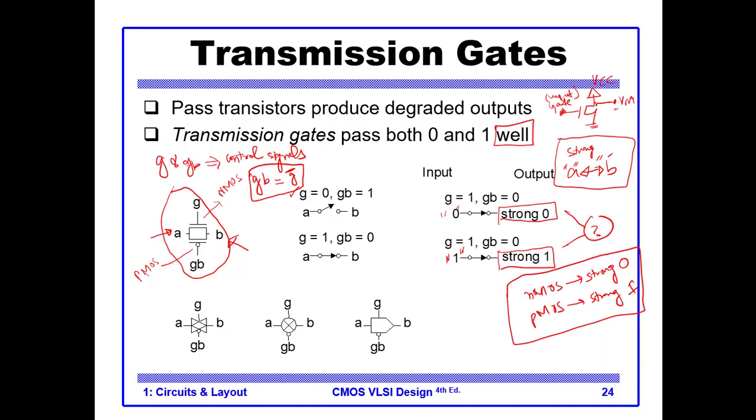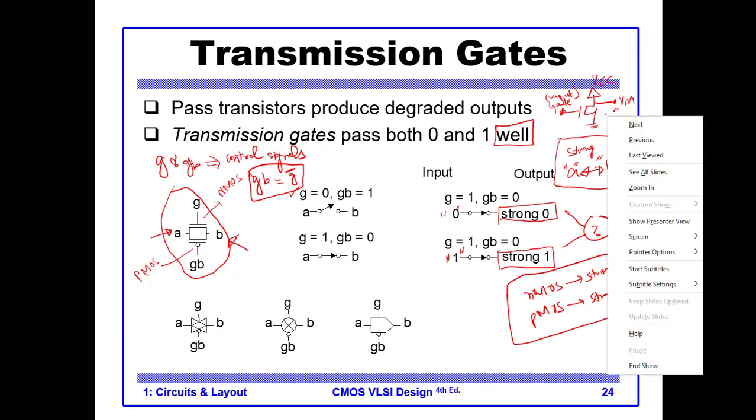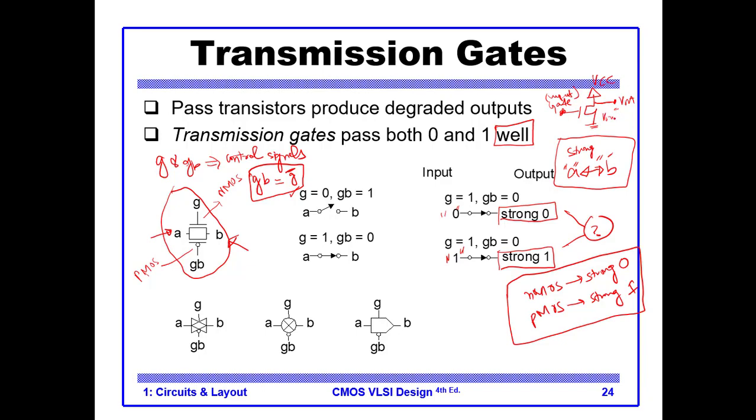But as I told you before, due to the internal structure of NMOS, there are some resistors that come in the effects, and at the output we get a voltage that is less than VCC or VDD. So that's why we said that the NMOS passes a strong 0 but a weak 1.